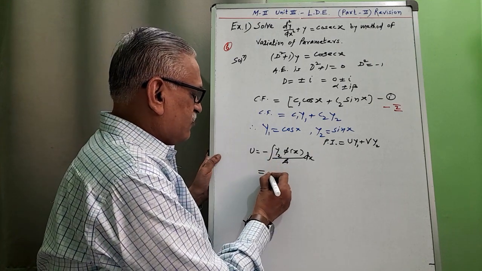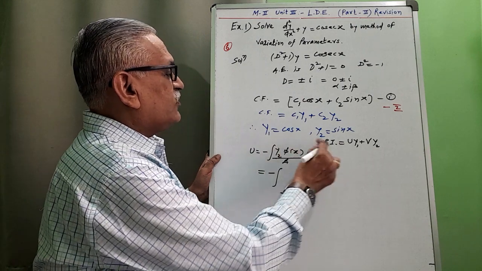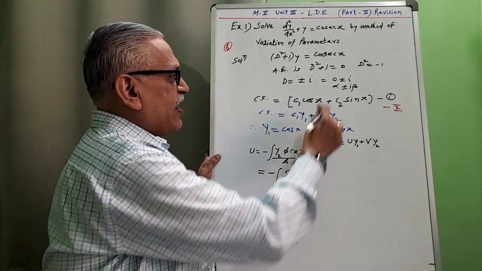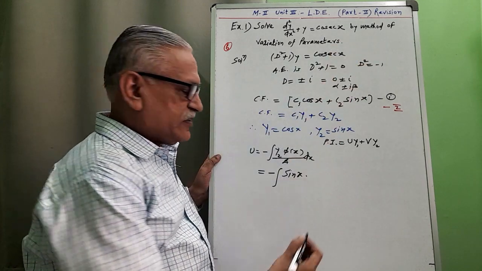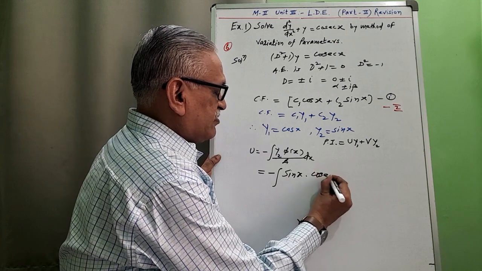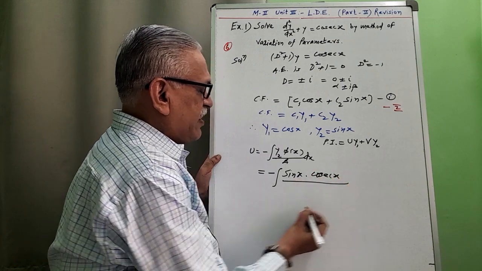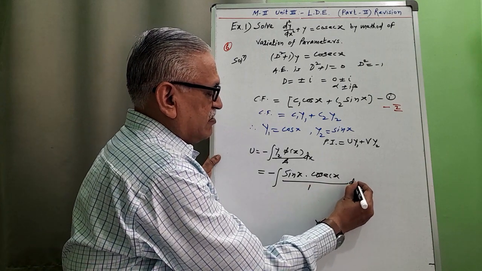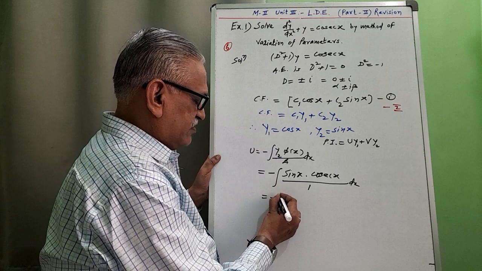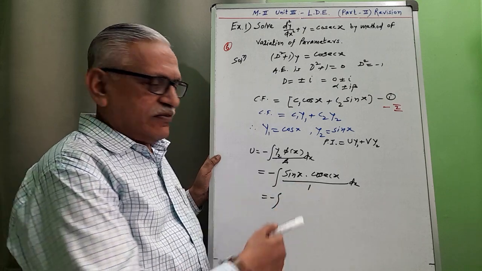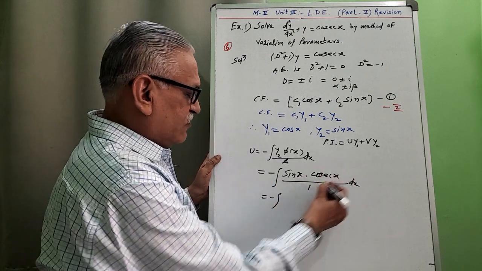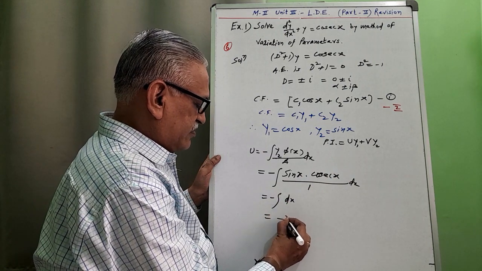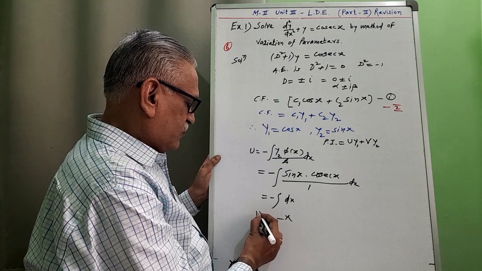Substituting the value, it is minus integration of y2, here the value of y2 is sin x, phi of x means the right hand side of the given differential equation, it is cosec x, divided by A. Value of A we just obtained as 1. Cosec means 1 by sin, and that 1 by sin gets cancelled. We get only integration of dx, and integration of dx is minus x. This is the value of U.